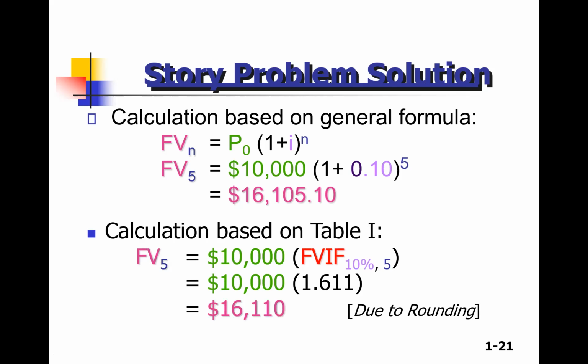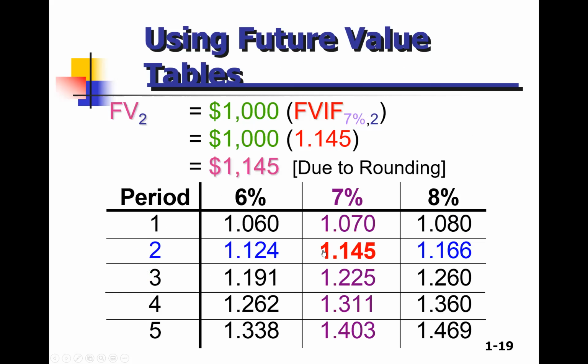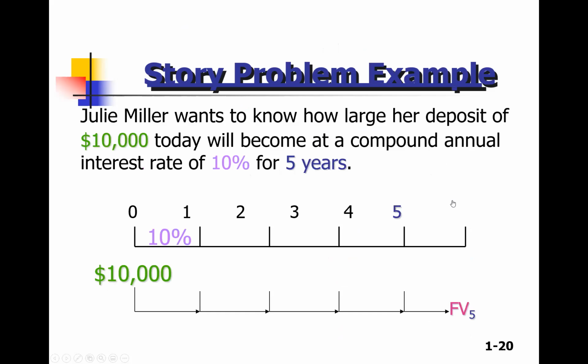And if we want to measure this problem on the basis of the future value interest factor table, then we will use it like this: 10,000 into future value interest factor, I is 10%, N is 5. So we need to go and check the table for 5 periods and 10%. Here we have only up to 8%.